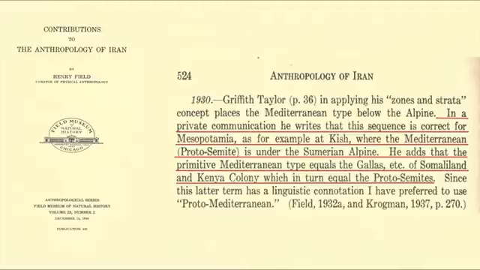As for example, at Kish, where the Mediterranean Proto-Semite is under the Sumerian Alpine, he adds that the primitive Mediterranean type equals the Galas, etc. of Somaliland and Kenya colony, which in turn equal the Proto-Semites. So basically, what the source is saying is that Proto-Semites look like Galas from Ethiopia or people from Kenya.